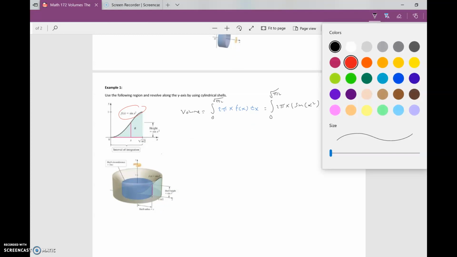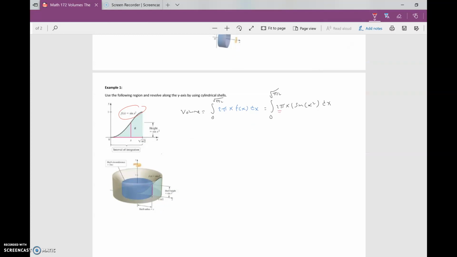Let me take out from the integral the 2 pi. So this is going to be the same as 2 pi integral from 0 to the square root of pi over 2 of x times sine of x squared dx.